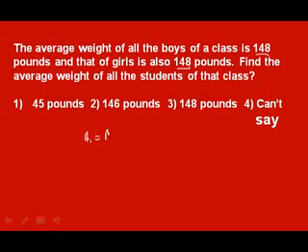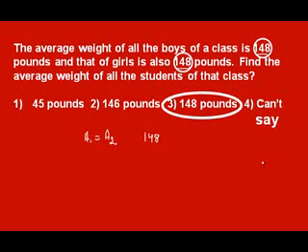It doesn't matter what number of boys are there in the class, what number of girls are there in the class, the average is always going to remain 148 pounds. Because the average is the same, the average of all the class is always going to be 148 pounds. So the answer here would be 148 pounds.